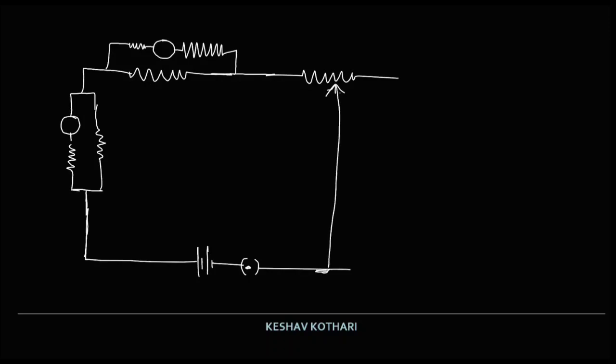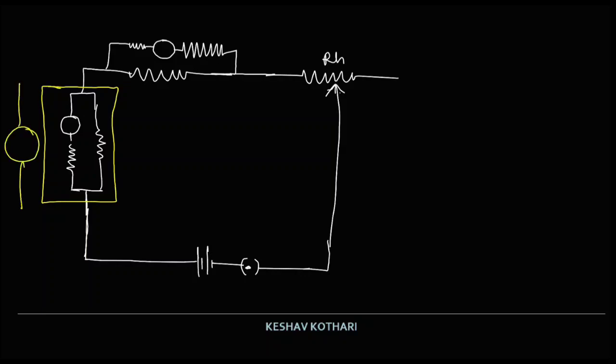So this is what we have read till now. So this is rheostat RH, and when we see the voltmeter, when we see the ammeter, we represent this as a single circle like this. That is, this is ammeter.